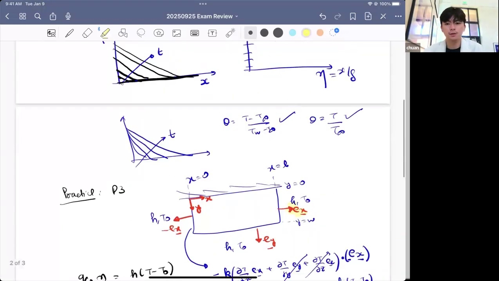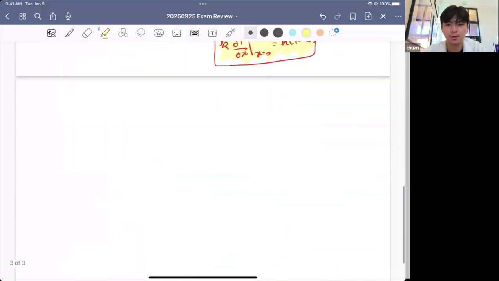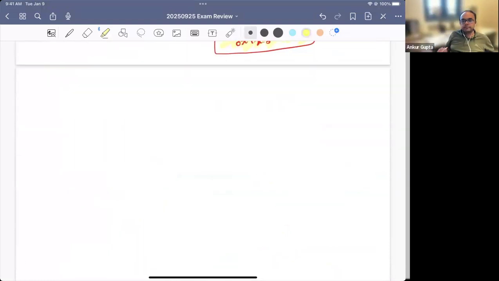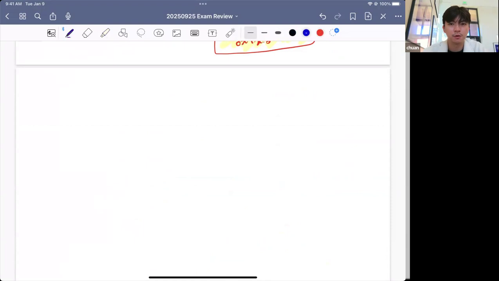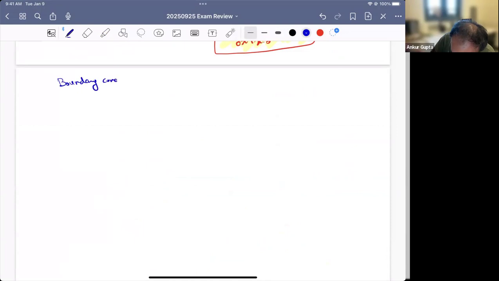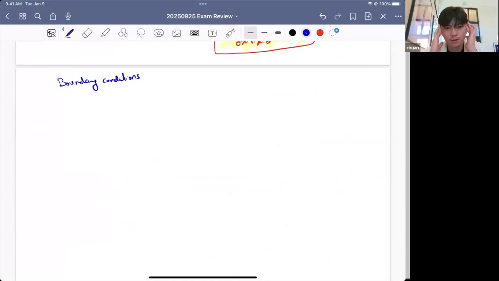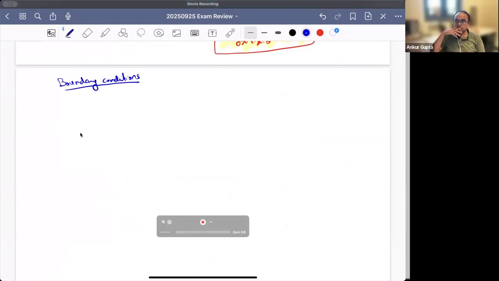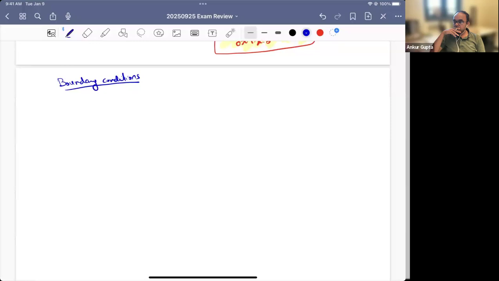My next question was to do with boundary conditions, specifically question 4 in the homework. It was the boundary condition at r equals 0, where there's no rate of change at r equals 0. It's not immediately intuitive to me why that's the case.